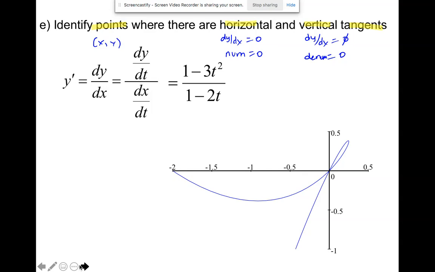So again, here's my slopes, made a ratio. For horizontal tangents, I'm going to take the numerator and set it equal to 0. I don't have to show a lot of work here because I have my calculator. That's not surprising, right? And then I bet this is one horizontal tangent.